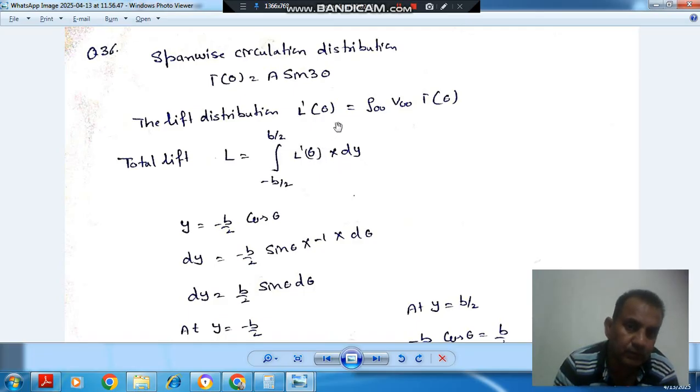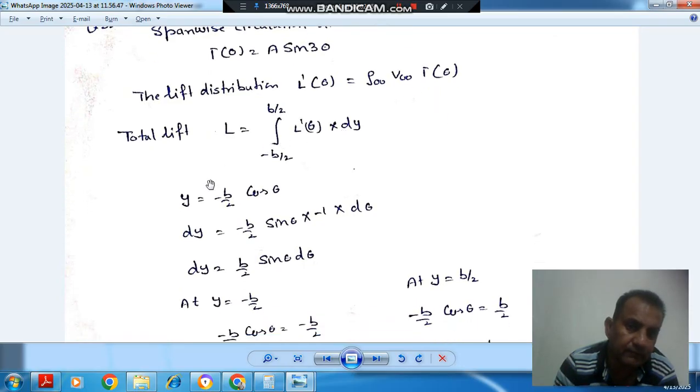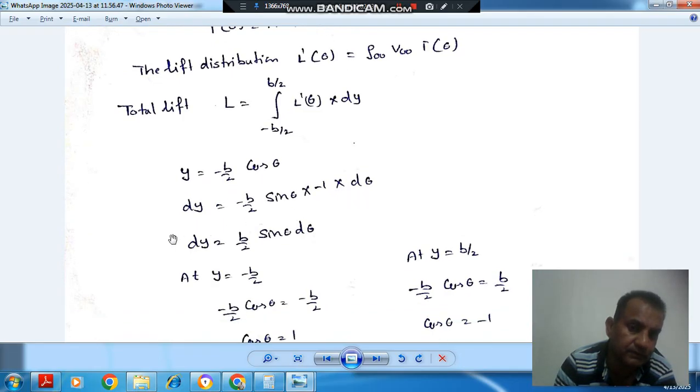Okay. So L' is ρ∞ V∞ Γ, and y is given as -(b/2) cos θ, and the limits of y are -b/2 to b/2. If we take y = -(b/2) cos θ, then dy = (b/2) sin θ dθ. Now the limits will also change.